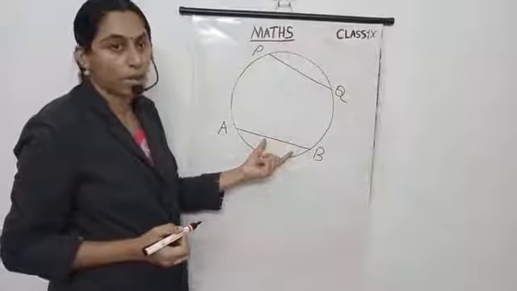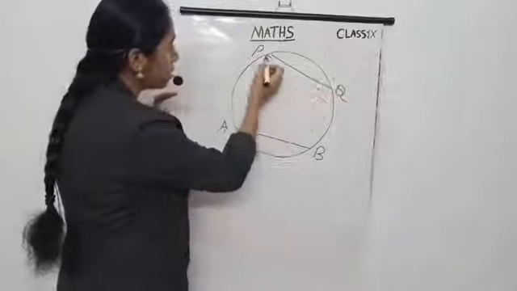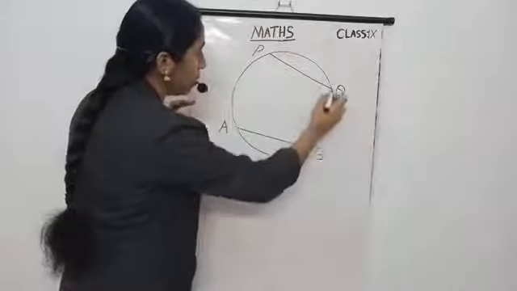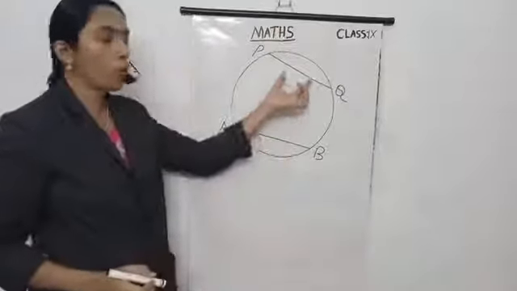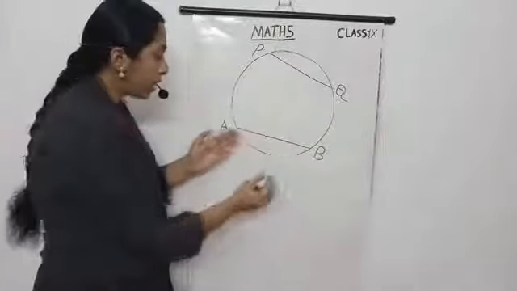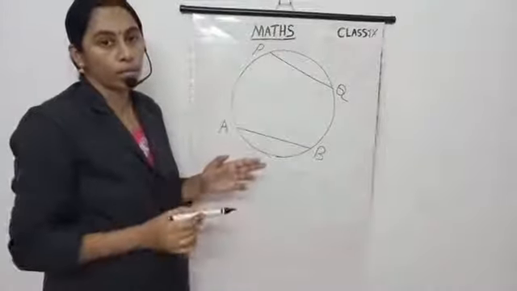And this arc is the major arc made by this chord AB. The same way PQ makes two arcs. This is the major arc, the longest arc, and this is the minor arc. So if these two chords are equal, then the corresponding arcs are also congruent.